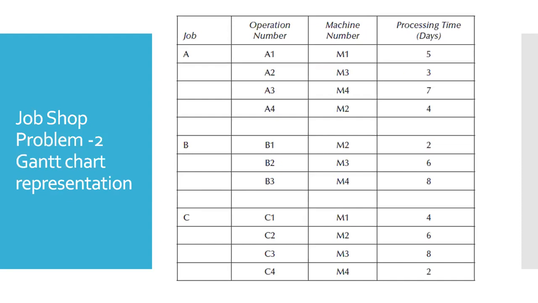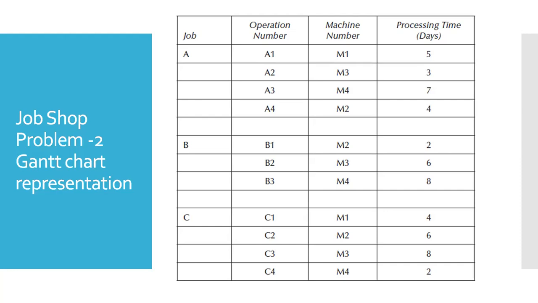So suppose you are having job problems like a Gantt chart representation for the number of operations and number of machines. Suppose you have the operations A1, A2, A3, A4, and the machines are M1 for A1, M3 for A2, M4 for A3, and M2 for A4, and processing times given are 5, 3, 7, 4.